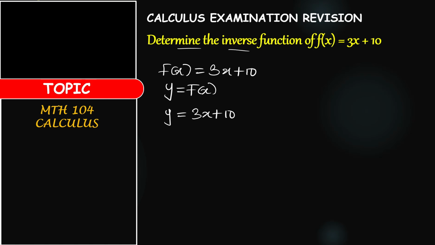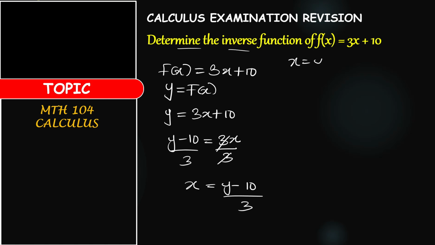Let's make x the subject of the formula. So you have y minus 10 is equal to 3x. Divide both sides by 3, and then x will be y minus 10 divided by 3.